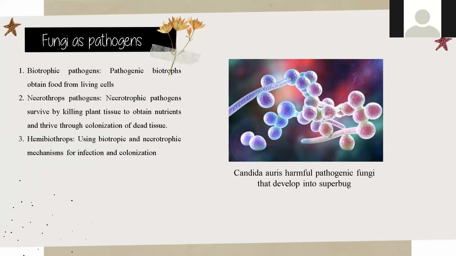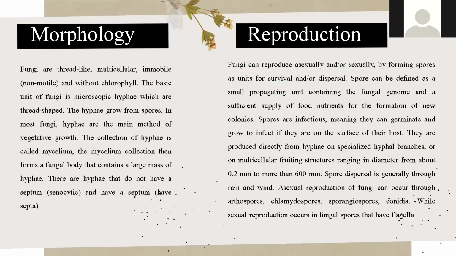Third, hemibiotrophs, using biotrophic and necrotrophic mechanisms for infection and colonization. This is the picture of Candida auris, a harmful pathogenic fungus that develops into a superbug.